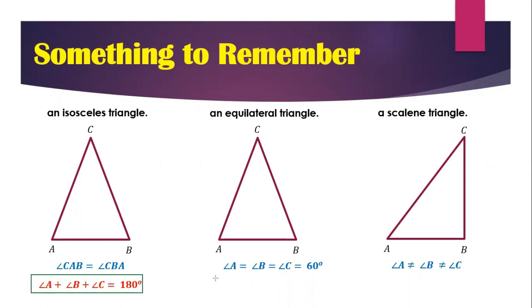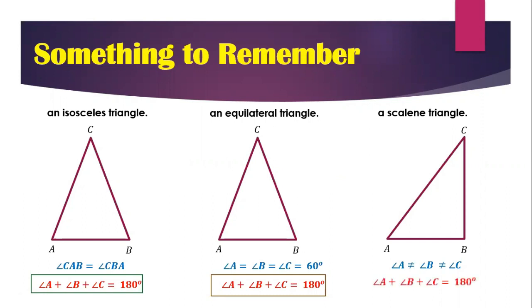So for an equilateral triangle, angle A plus angle B plus angle C equal 180 degrees. So what about a scalene triangle? That's right.